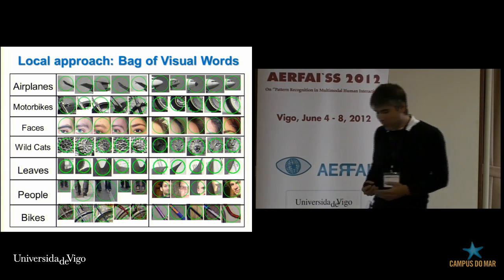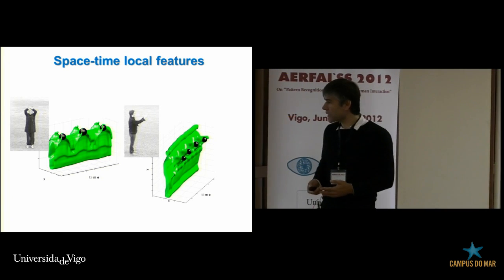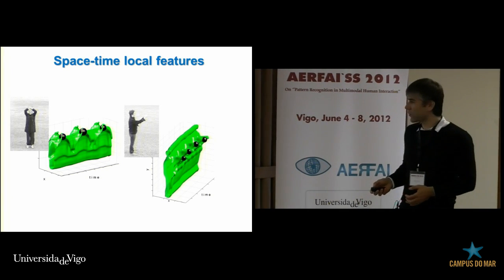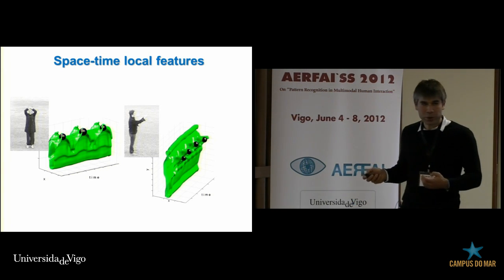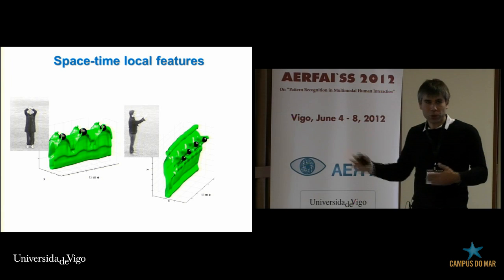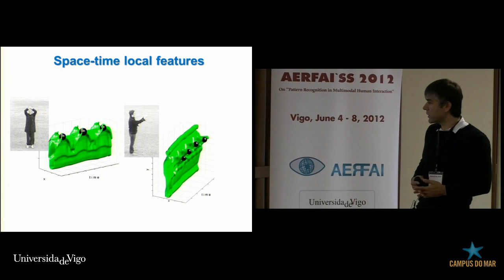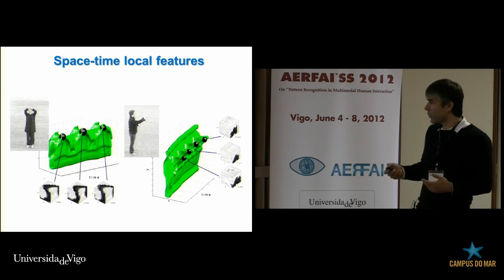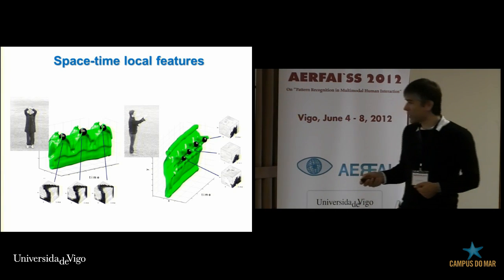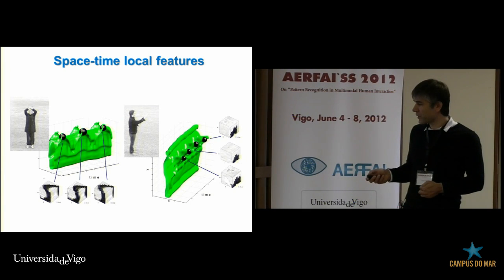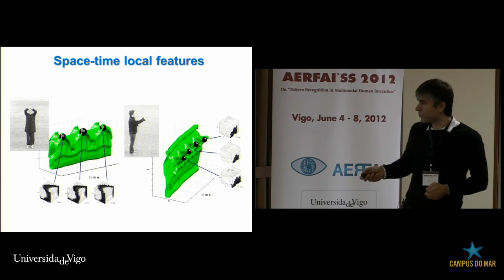So if applying similar strategies to video, we can think of looking at local spatial-temporal neighborhoods around some particular points, or maybe even just taking all the spatial-temporal patches in the video. And now, as I said, we are not looking at this green surface, but looking at the spatial-temporal representation, the pixels over space and time, so we can get 3D patches.